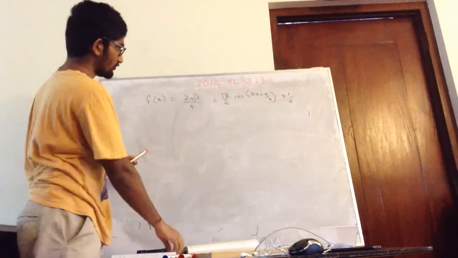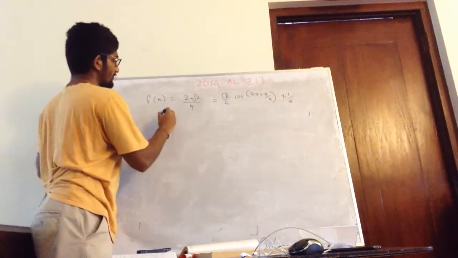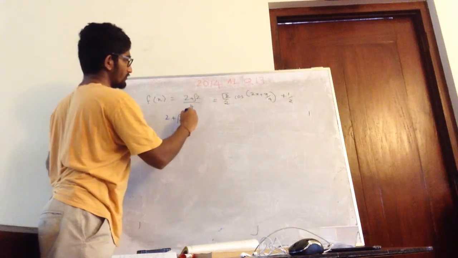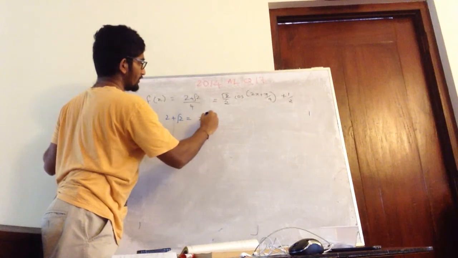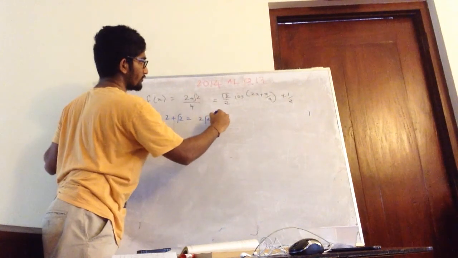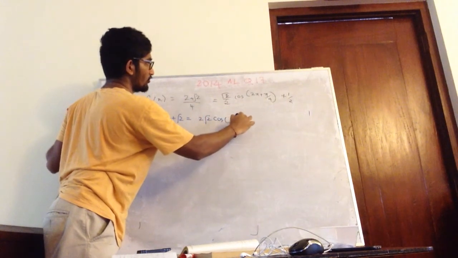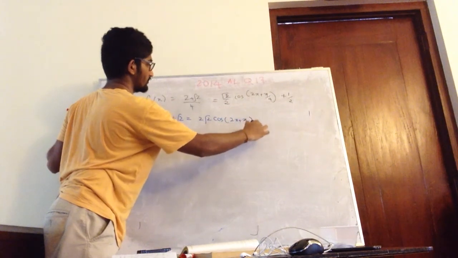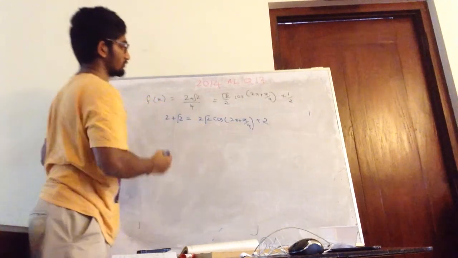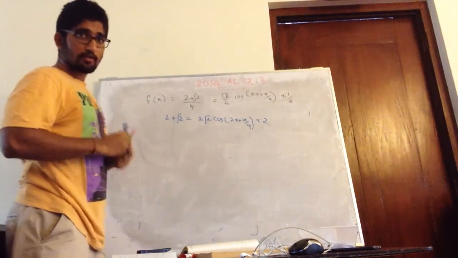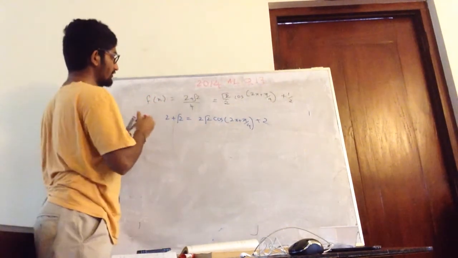So basically 2 over square root 2 will be equal, if I multiply by 4, to 2 times square root 2 cos(2x + 5π/4) + 2. Right now? Then I can cut these two off.